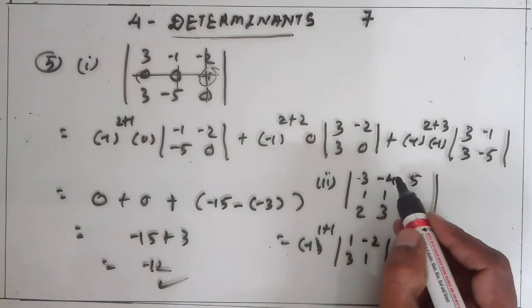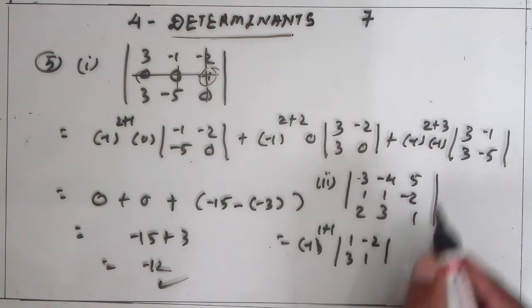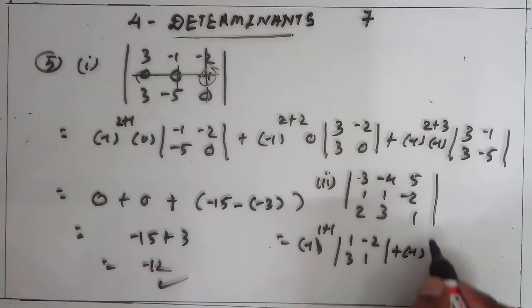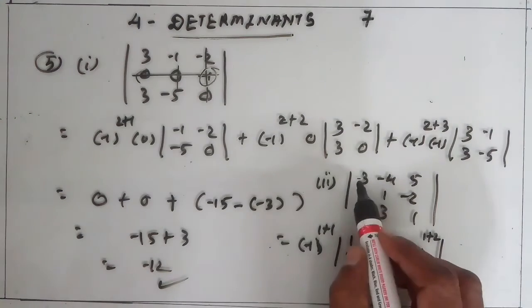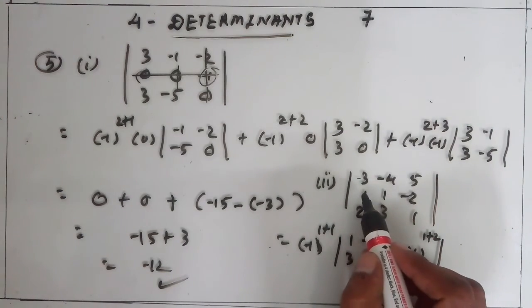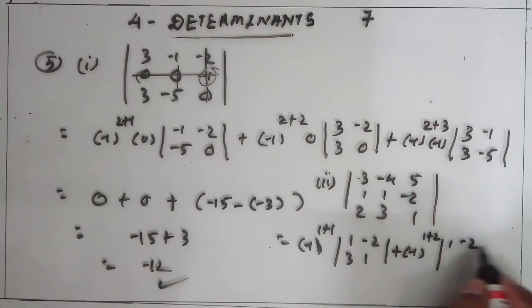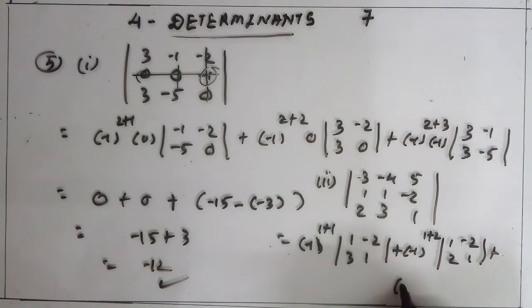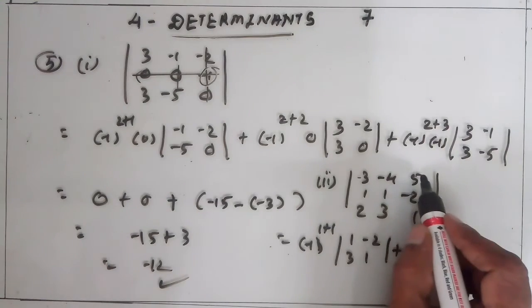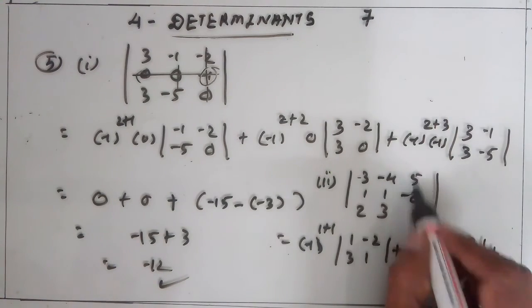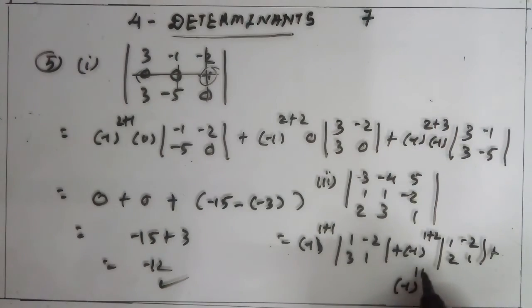Now for minus 4, which lies in the first row and second column, so minus 1 raised to 1 plus 2, into remove this row and column. So 1, minus 2, 2, 1. Plus here, minus 1 raised to... 5 lies in the first row and third column.